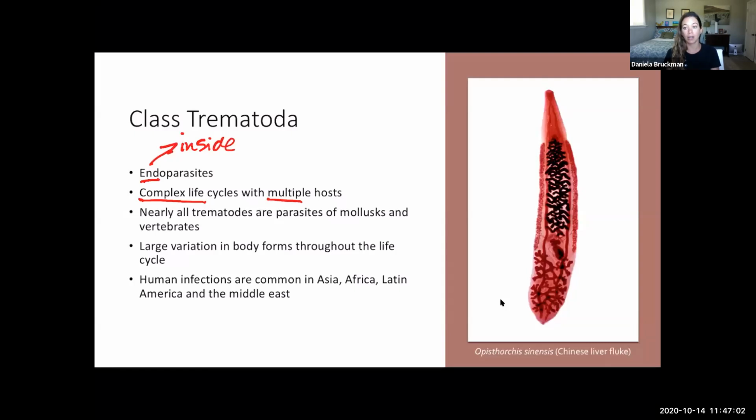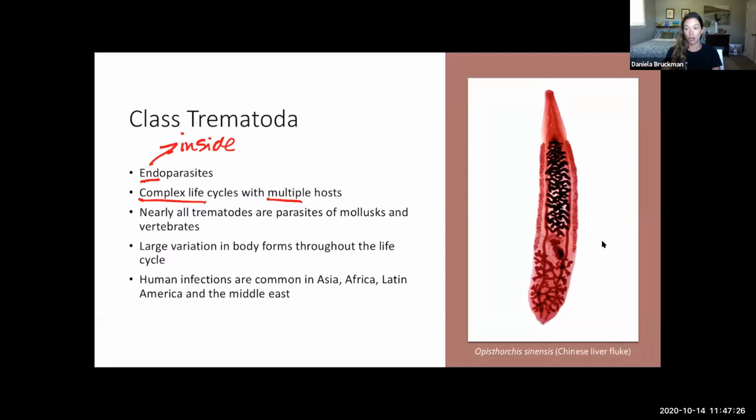So sometimes they're going to have body forms that actually change in shape, and they have different names associated with them. And there are many types of trematodes that do in fact infect humans, particularly in developing countries in Asia, Africa, and Latin America. This right here is a picture of the Chinese liver fluke.